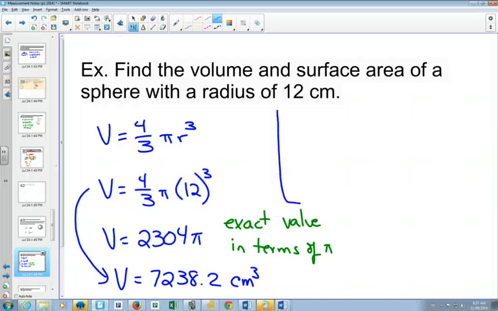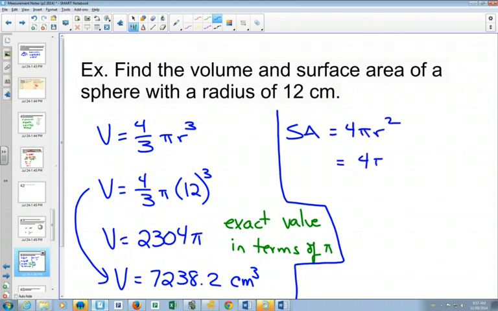Same thing with surface area. Write out the formula first. We do know everything. If I do 12 squared and multiply that by 4, I get 576.